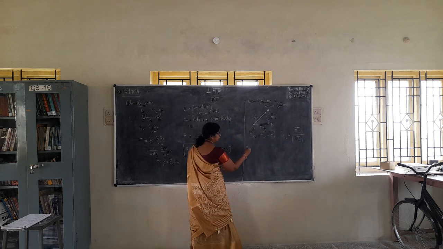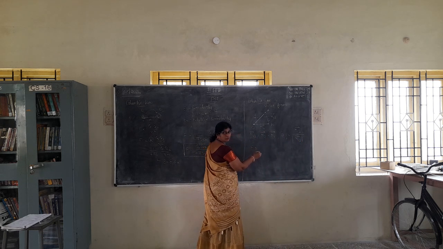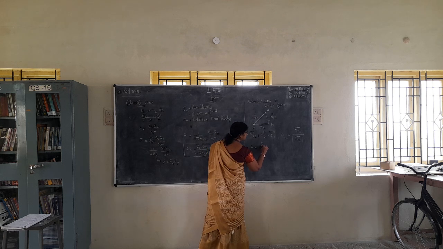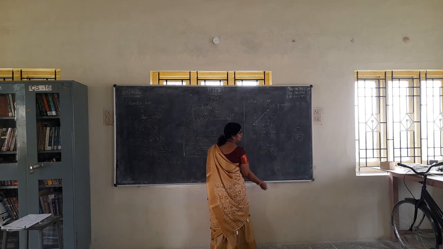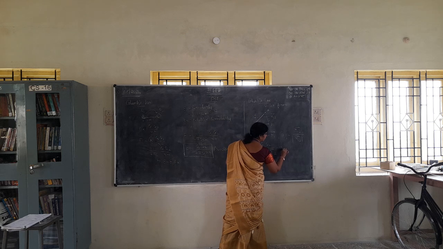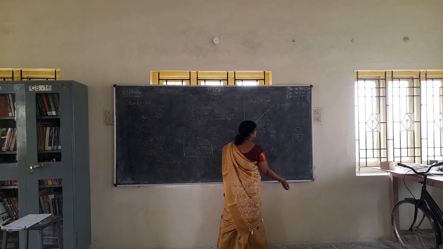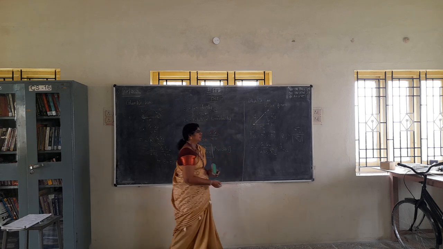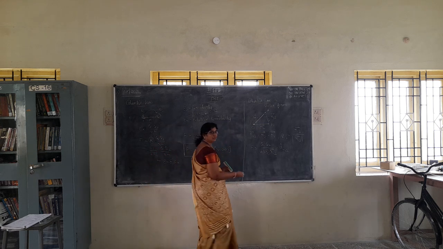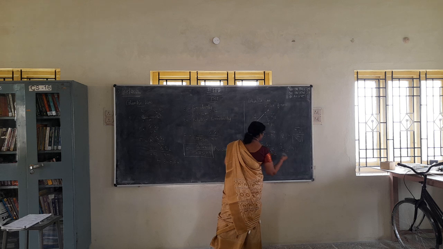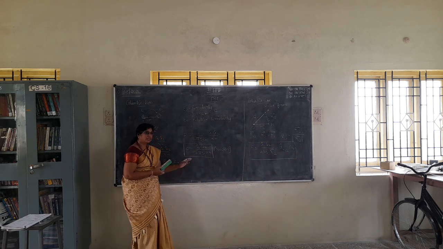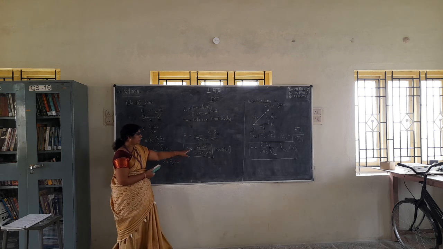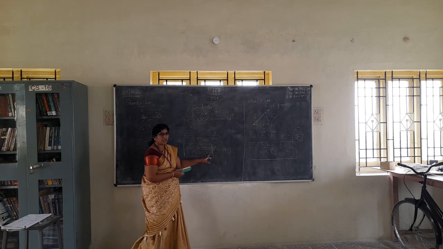So your force, by Coulomb's law, will be represented as Q1 Q2 divided by 4 pi epsilon naught R12 vector into the unit vector A R12. The general Coulomb's law force F is Q1 Q2 divided by 4 pi epsilon naught R square.